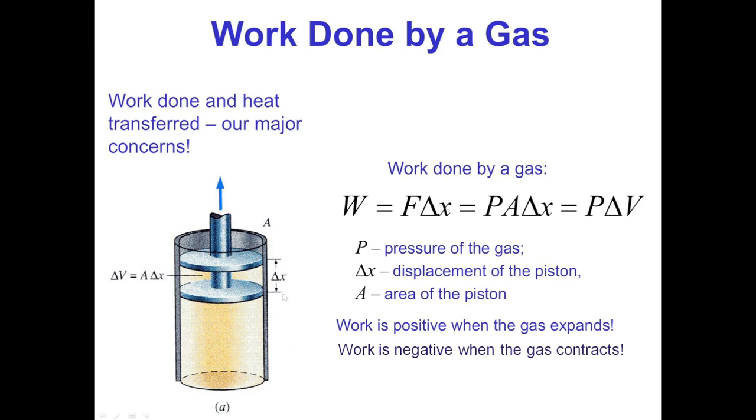So the distance that the expanding gas pushes the piston outwards. Area times that change in length would equal the change in volume of the cylinder, because this flat circular area extended over this linear distance, area times distance would be volume. So area times change in distance would be change in volume.